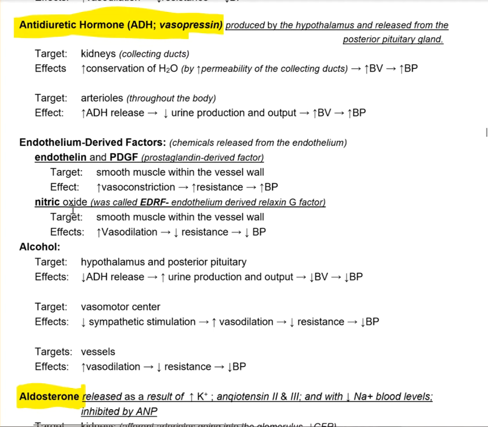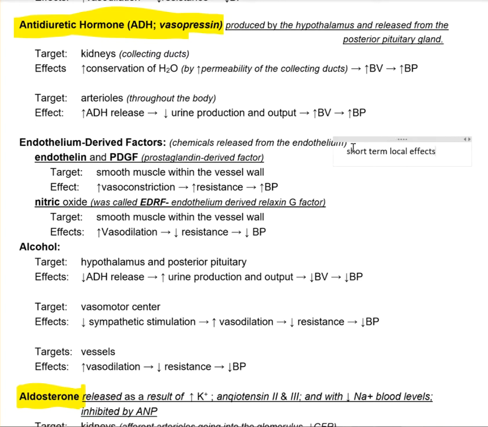So endothelium-derived factors are chemicals that are released from the endothelium. Remember, the endothelium is the innermost layer of our vessels, the part that touches the blood, and then it changes to endocardium in the heart. It's just its name. And these endothelium-derived factors have short-term local effects.